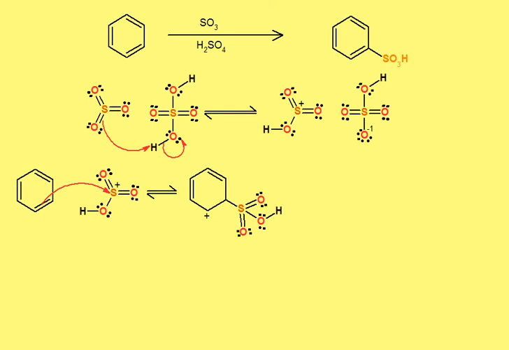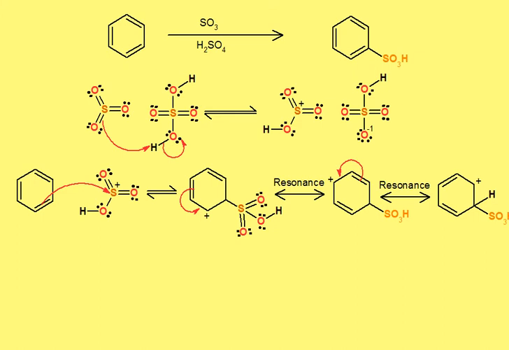But again, that instability is helped because of the resonance forms that we can draw as the electrons flow and move around the carbon ring, moving around these atomic orbitals above and below the plane of the ring. So the electrons move again, trying to plug in that positive charge, and we get 3 resonance forms in total.